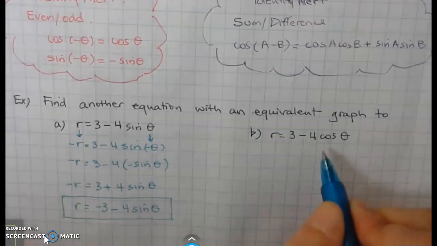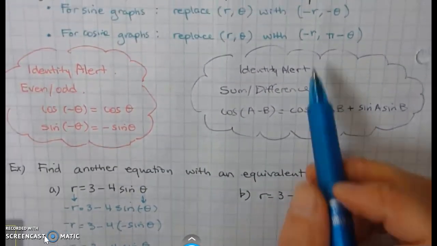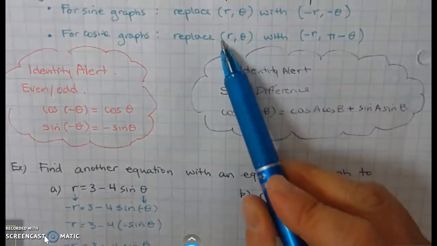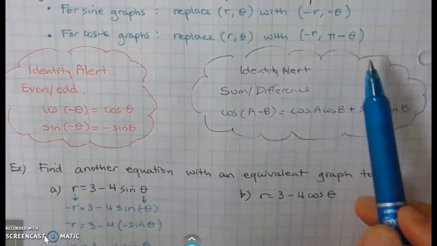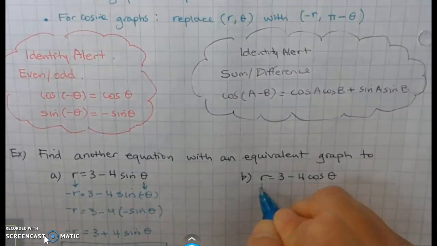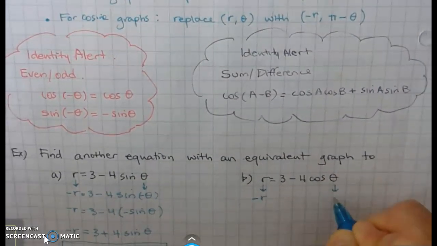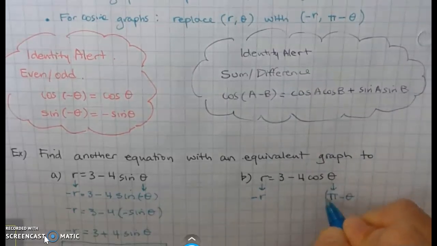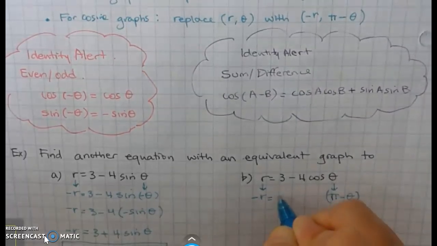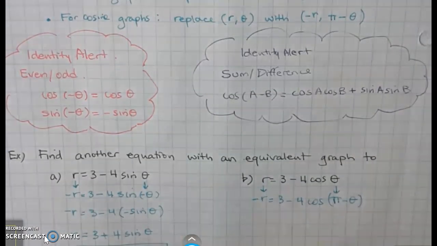Okay, so in this case, it's a cosine function. For the cosine graph, I am replacing r with negative r and theta with pi minus theta. So this gets replaced by negative r, and this gets replaced by pi minus theta, and everything else stays the same: 3 minus 4 times cosine of pi minus theta.